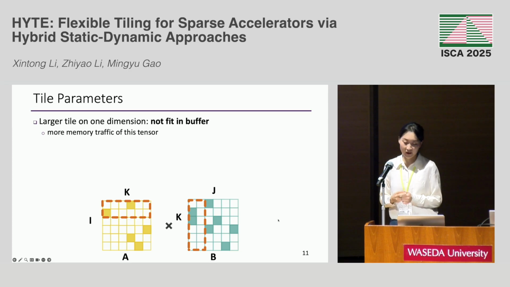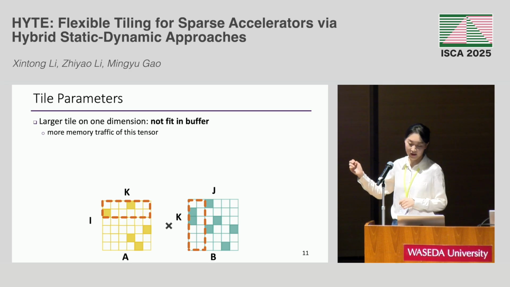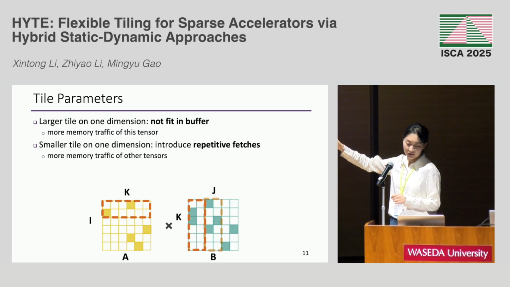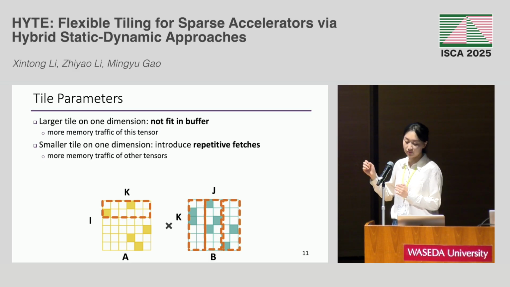Considering the tile parameters first, a large tile may lead to data that does not fit in the buffer and introduces more memory traffic. But on the other hand, a smaller tile on one dimension will cause repeated access to the tensor not aligned with that dimension, introducing more memory traffic of other tensors.